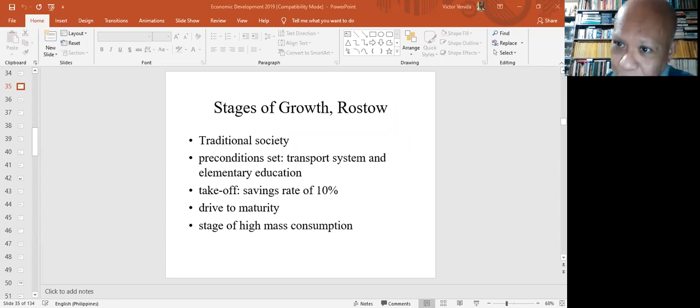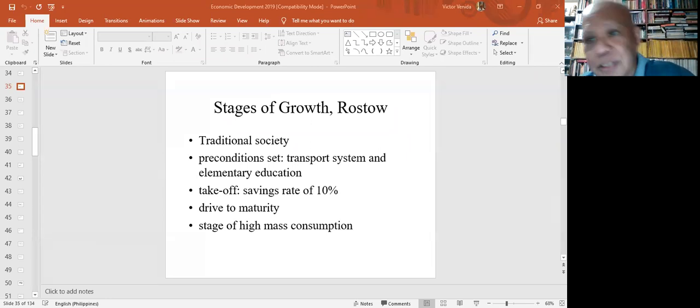The other important precondition would be the setting up of an elementary education system. From the 1800s onwards, you have more and more elementary education systems being established in Western Europe, in North America. The Philippines also had one.